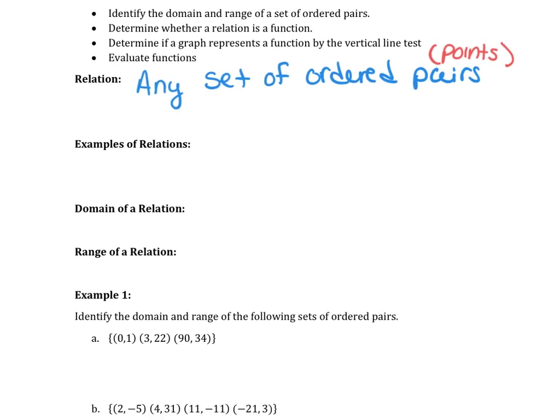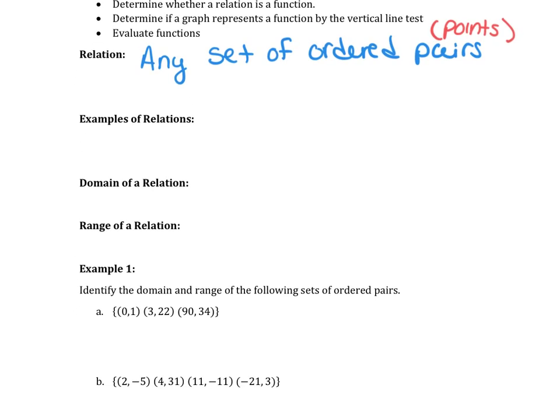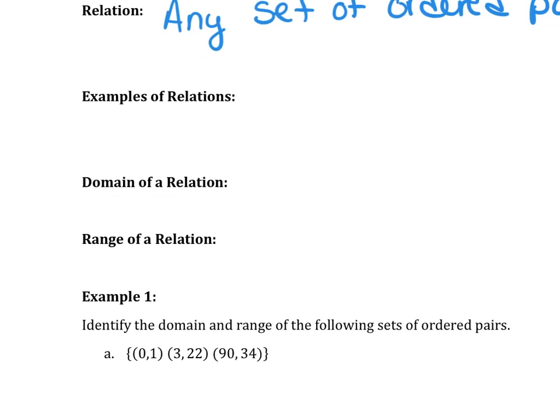So some examples of relations. We use set notation, which are these fancy brackets. And then within these brackets, we have a list of points.